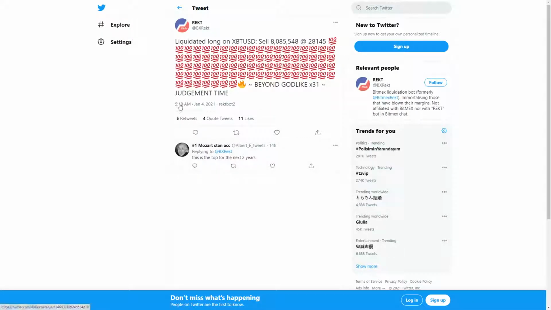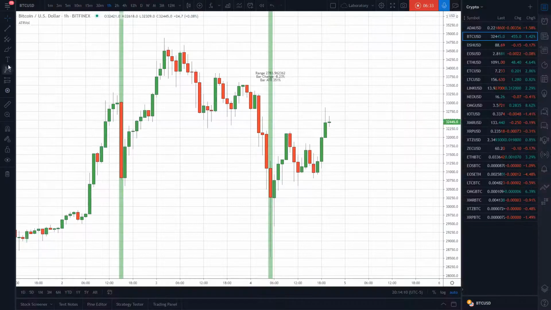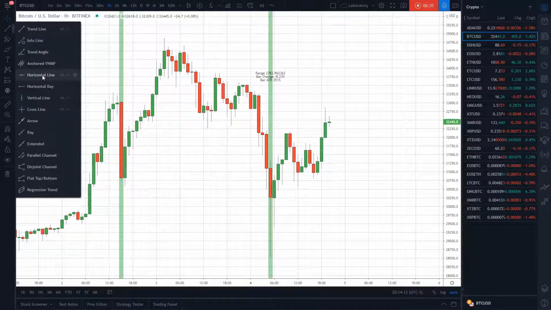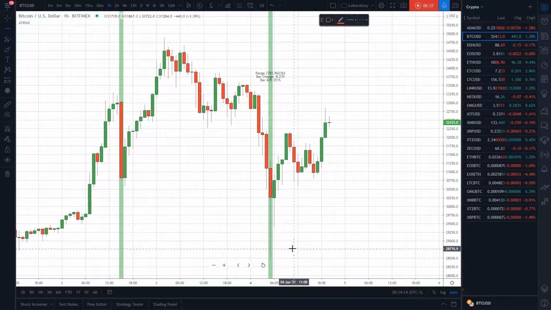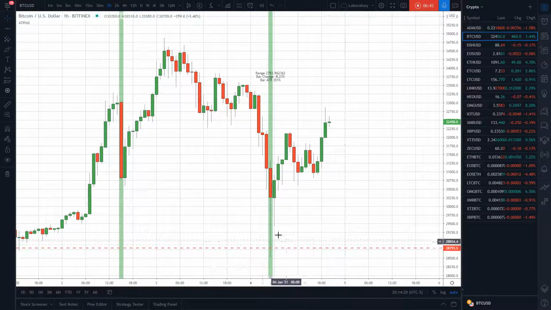At 5:18 a.m., someone that had a long position worth over $8 million was forced to sell. The exchange sold for them at 28,145. So 28,145 means that they were long and they had their position closed somewhere down here.